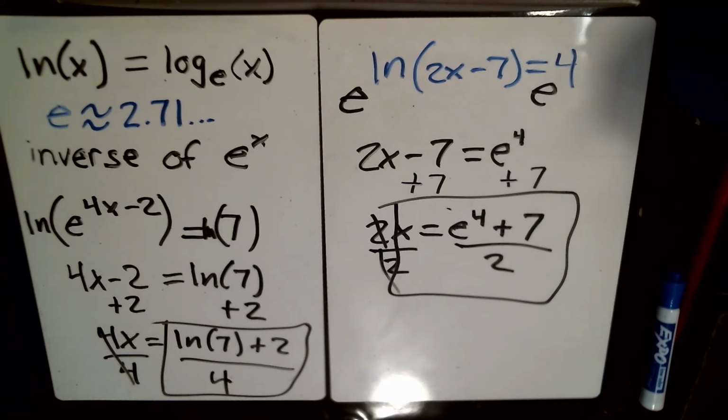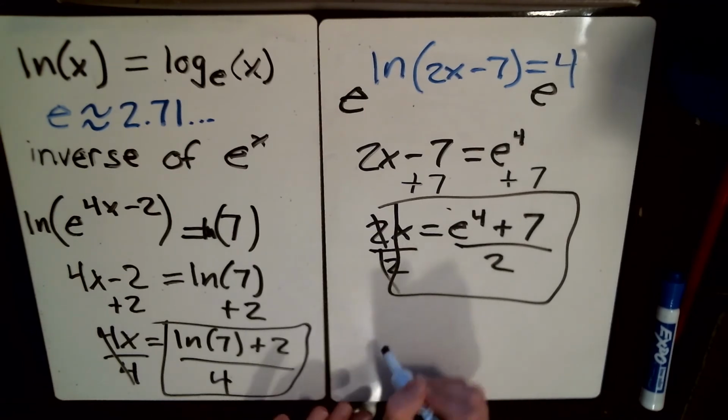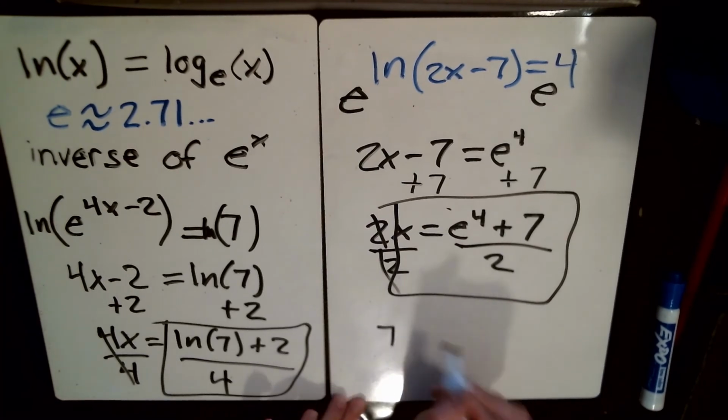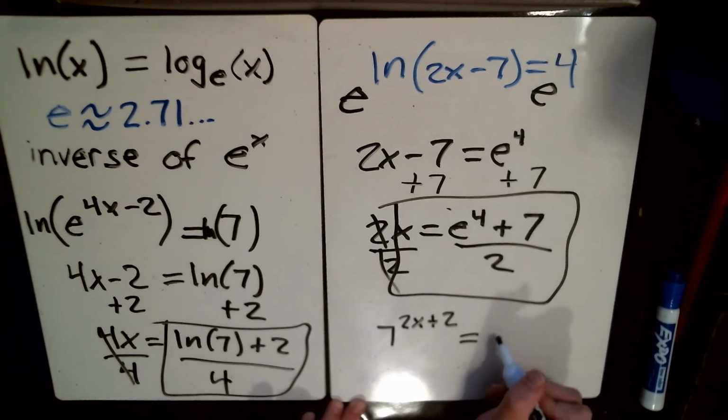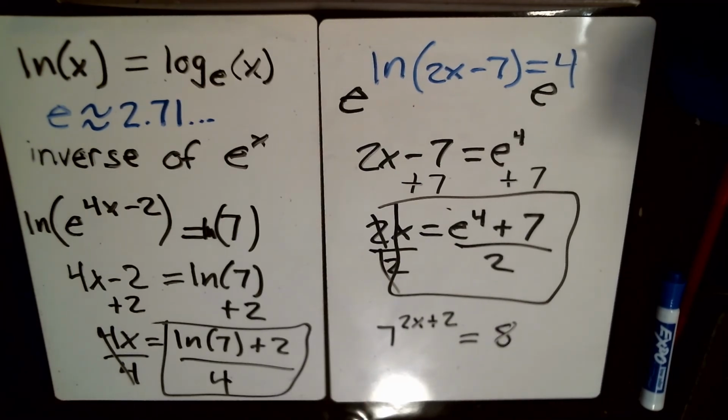Now, you're always just going to use whatever log you need to solve the equation. So, for instance, if you had 7 to the 2x plus 2 is equal to 8 or something like this, how are you going to get rid of this so that you can solve for the x? Well, you're going to use a log base 7, because that's the base below the x power.